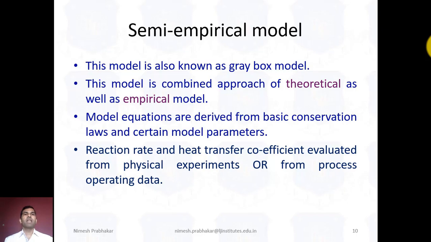So this is the semi-empirical model. It is a combination of empirical model plus theoretical model. So basically there are three types of model. First one is the theoretical model, second one is the empirical model, and third one is the semi-empirical model.